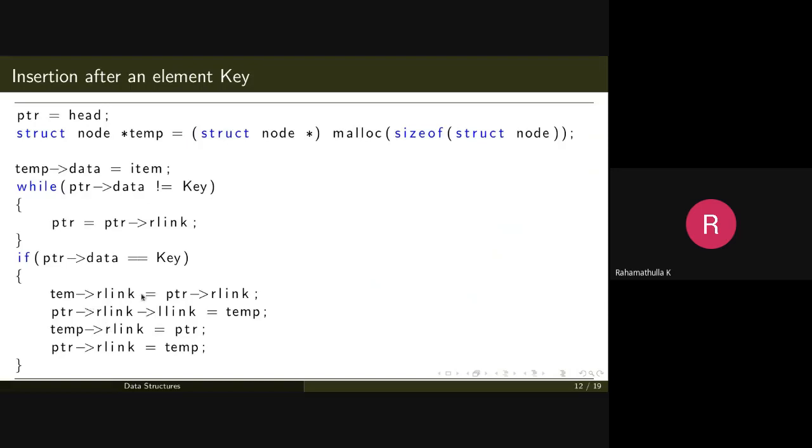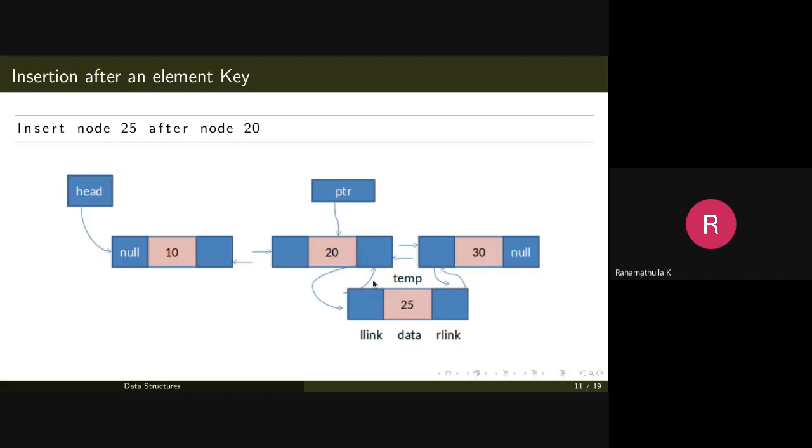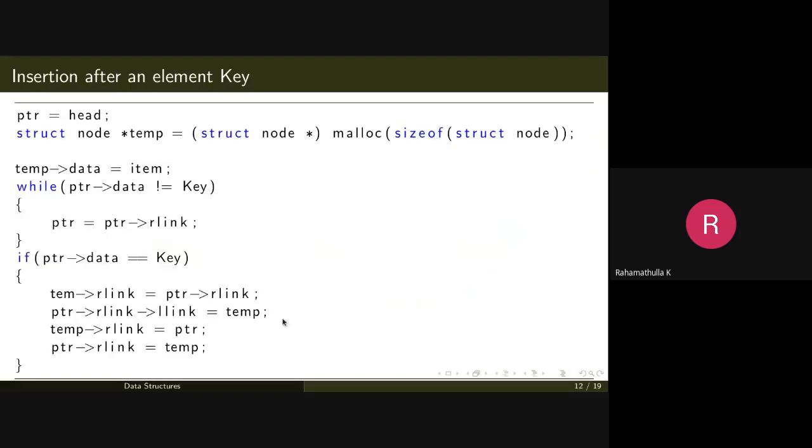That is, temp pointer rlink equal to ptr pointer rlink, ptr pointer rlink equal to temp, rlink pointer llink equal to temp. So these pointer rearrangements will be done. 1, 2, 3 and 4 pointer rearrangements will be there. By doing these 4 pointer rearrangements, you will completely insert your new node in between two nodes, or after some particular node.